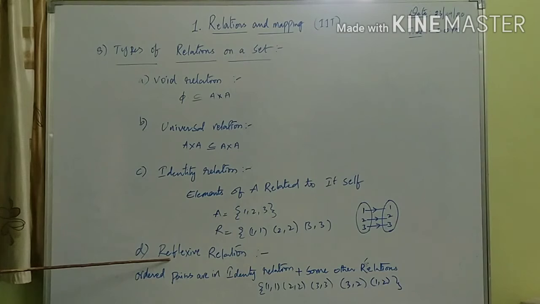Next one, reflexive relation. The definition of reflexive relation is that the ordered pairs of the identity relation are present, plus some other relations.